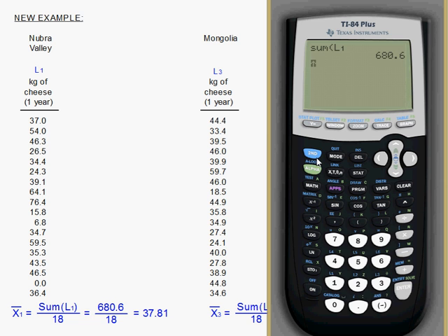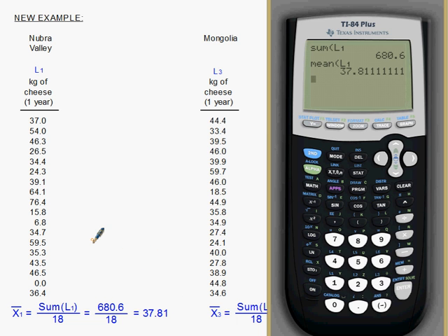If you were paying attention, if we go back to our list and go over to math, you'll actually notice, look, number 3. That says mean. If we go mean of L1, right, 37.811, we get the mean. We can check ourselves. So it depends on what the question is.